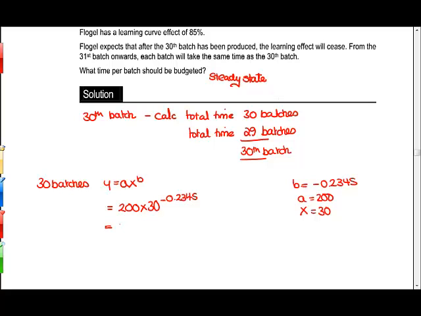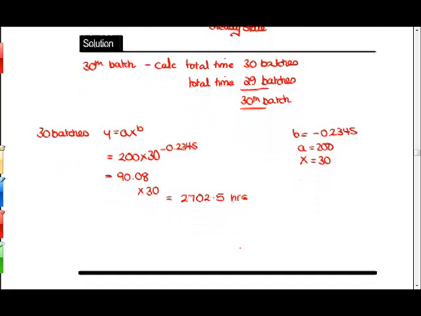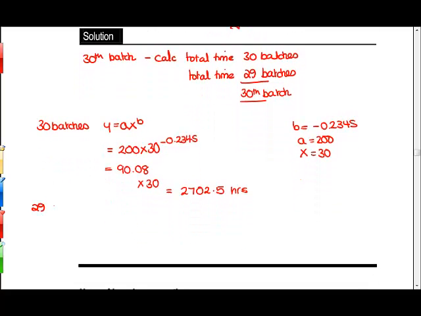So the cumulative average time for 30 batches is 90.08, and if we multiply that by 30, that will give us the total time, which is 2,702.5 hours.